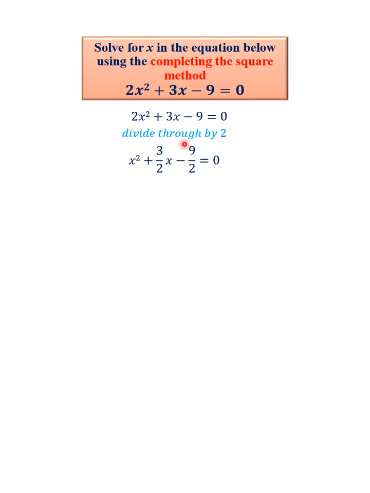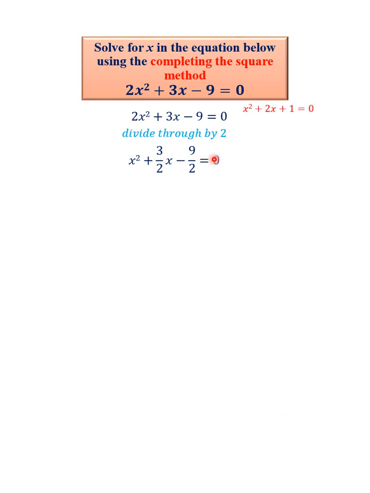The reason we divide through by 2, or the leading coefficient, is to make sure that the leading coefficient becomes 1, as you can see here, before we start solving further. It is only when you have obtained 1 as the leading coefficient that you solve with completing the square method. Do not solve with a coefficient that is greater than 1 as the leading coefficient.